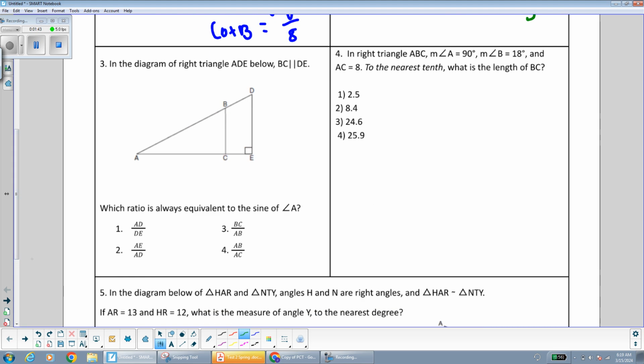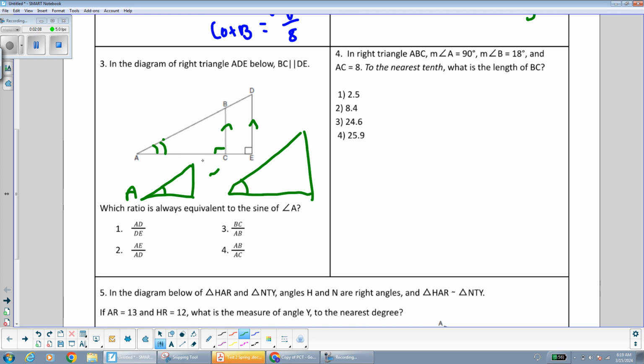Okay, we're looking for which ratio is always equivalent to the sine of angle A. So since we do have two similar triangles here, they're similar to each other by AA, we do need to check out the sine from both of these similar triangles because the sine ratio will be the same for both of them.